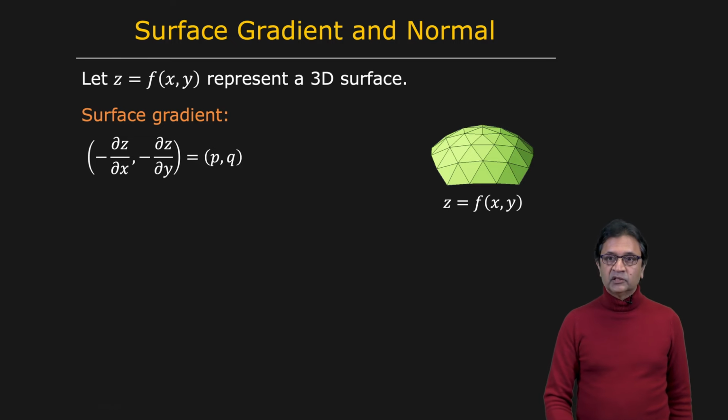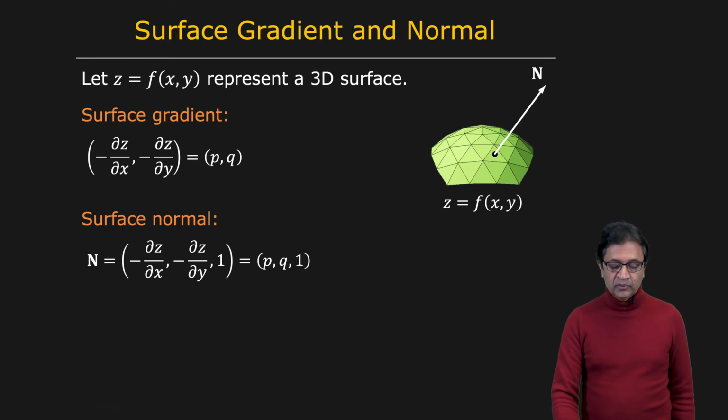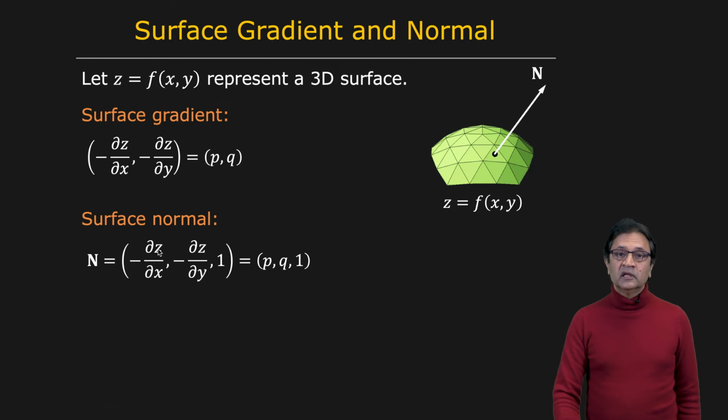So now we can express the normal at a point, the surface normal, as n equal to p, q, 1, that is negative of the derivative of z with respect to x, negative of the derivative of z with respect to y, and 1. This gives you the surface normal at any point on an object, on a surface.